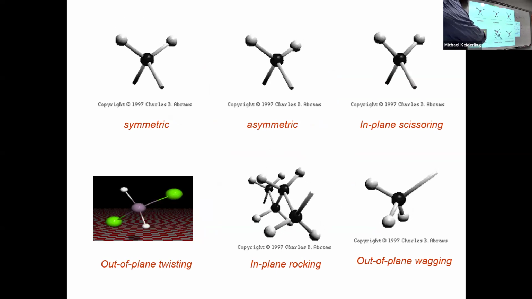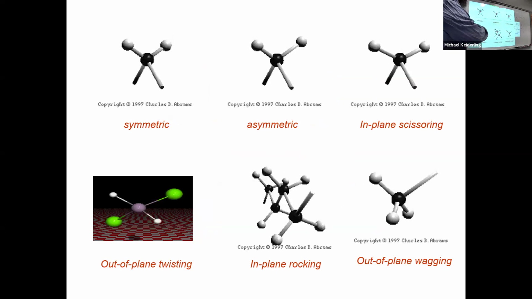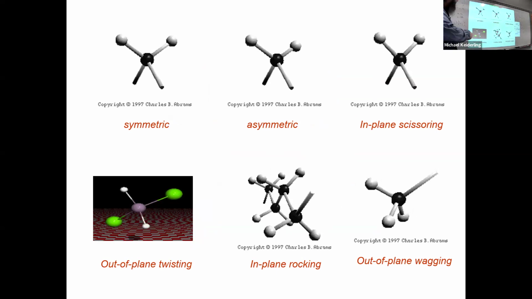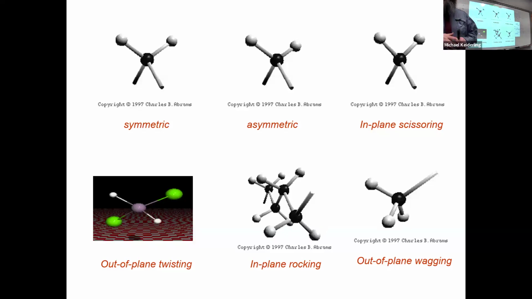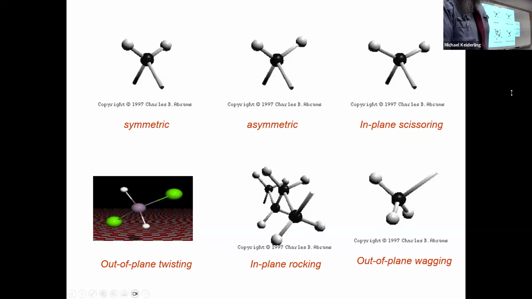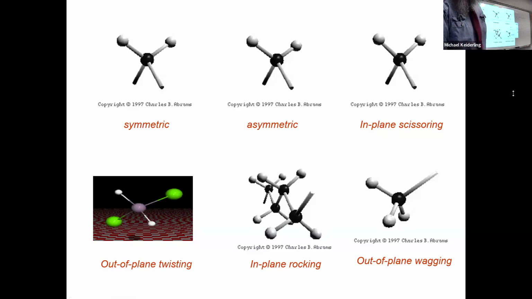That's why you have in-plane rocking, while with twisting, you can see it twists relative to the backbone. That's how you differentiate. A lot of the time there isn't really any difference. You can get motions that are functionally identical to each other.